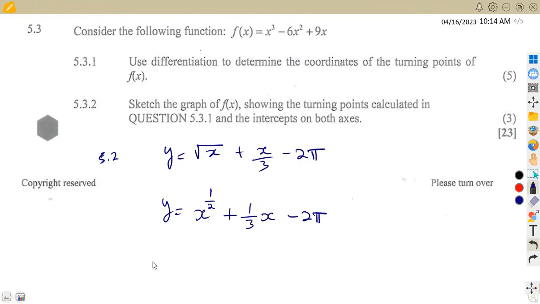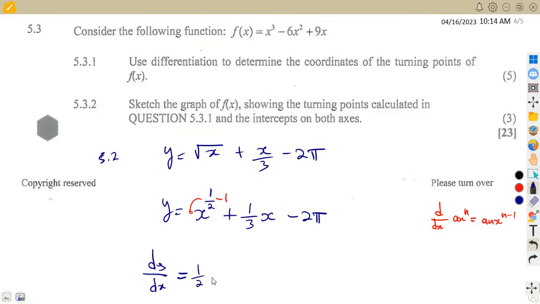Now, for us to have the derivative of y with respect to x, remember that if we are given to differentiate a x to the exponent of n, this gives us a n x to the exponent of n minus 1, where we drop the exponent, then we subtract 1. So this is going to be a half.